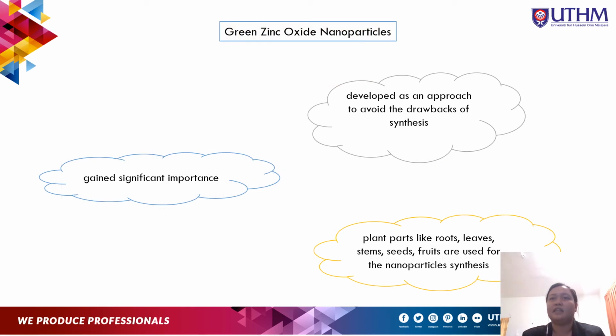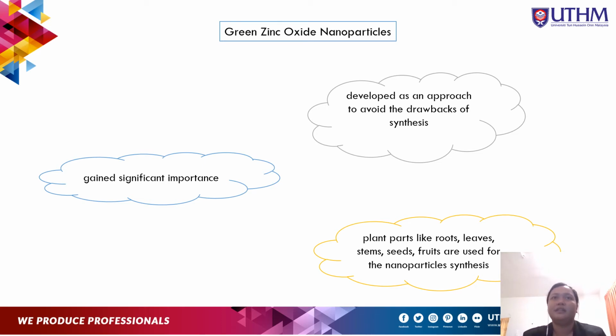Green zinc oxide nanoparticles were developed as an approach to avoid the drawbacks of synthesis by conventional methods, which were found to be more expensive and involve the use of toxic and hazardous chemicals.